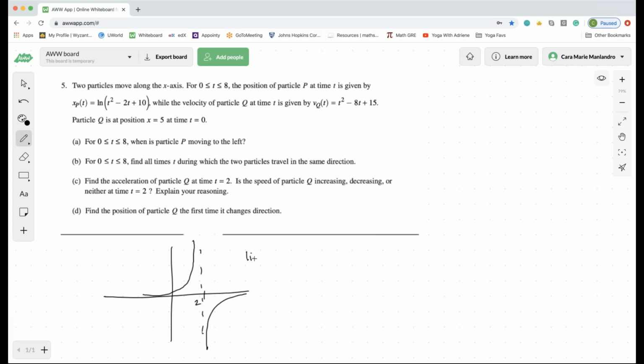Here we would say the limit as x approaches 2 does not exist. But if we had a function that looks like that, then the limit as x approaches 2 is infinity. It does exist. It just goes to infinity. So you would only say it doesn't exist if it actually doesn't exist. Does that make sense?